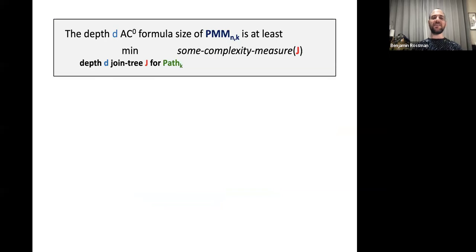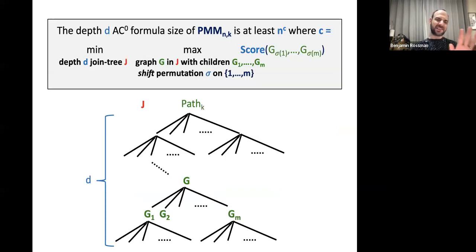We get that the depth d AC0 formula size of the iterated permutation matrix multiplication problem is at least the minimum over all depth d join trees for the path graph of length k of some complexity measure of the join tree J. Okay, it's a bit complicated to define, but here's essentially the definition.